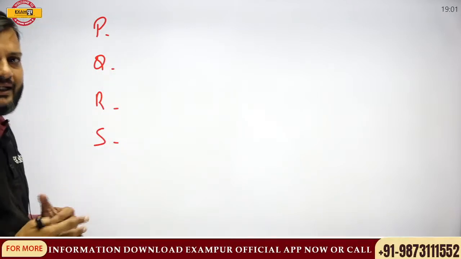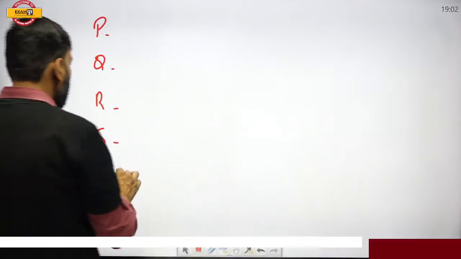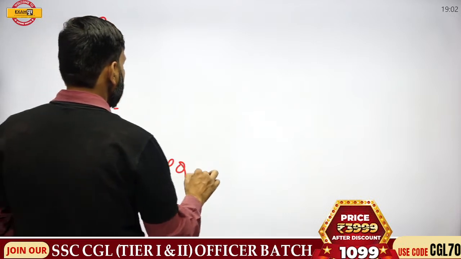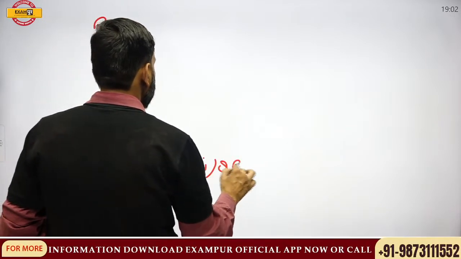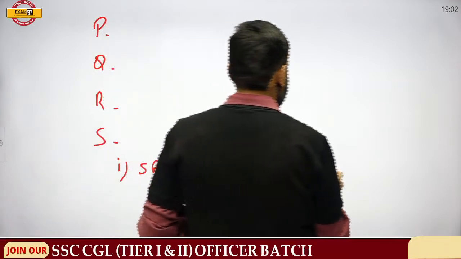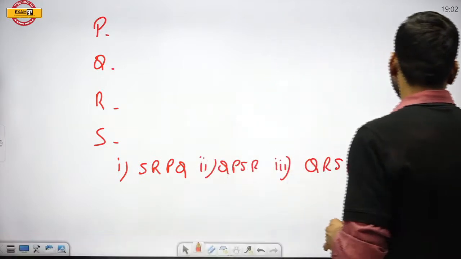After arranging them, you have to choose the right option, SRPQ or QPSR, or third option is QRSP, or fourth option is PQRS.